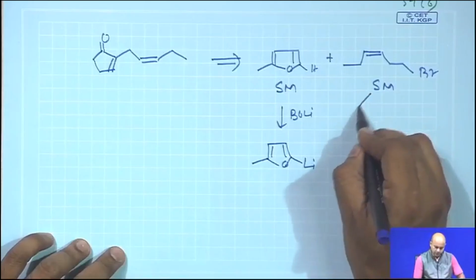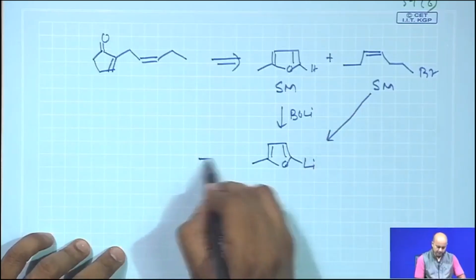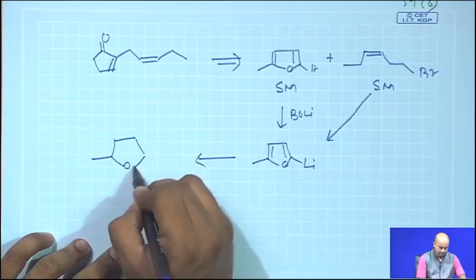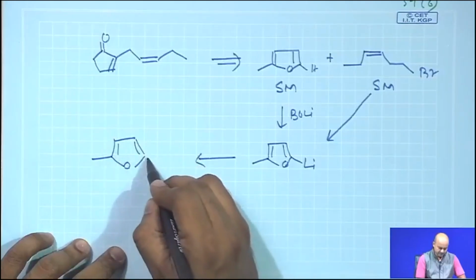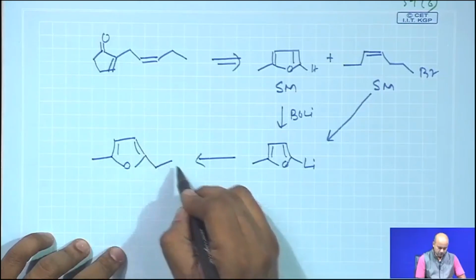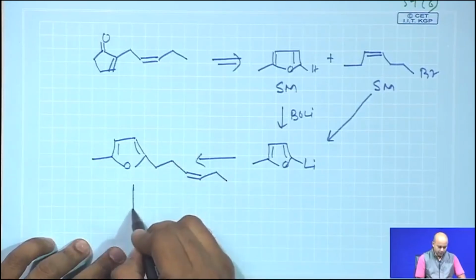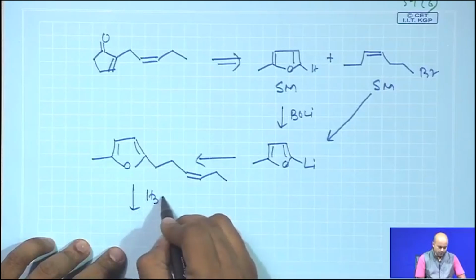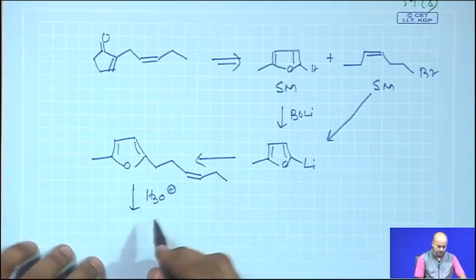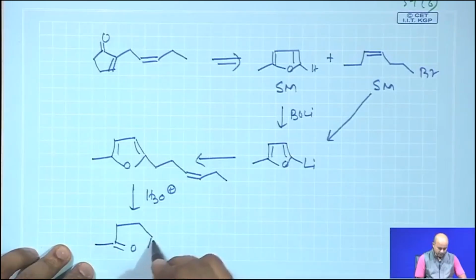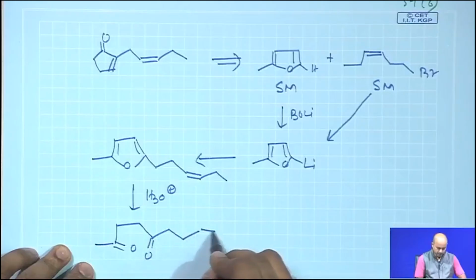Now, this lithiated species and this one react to give you CH2, CH2, CH2 double bond, these things. Now, furan compounds can easily be opened up to a 1,4-dicarbonyl compound just by aqueous hydrolysis, and then you will find that you basically get this 1,4-dicarbonyl compound.